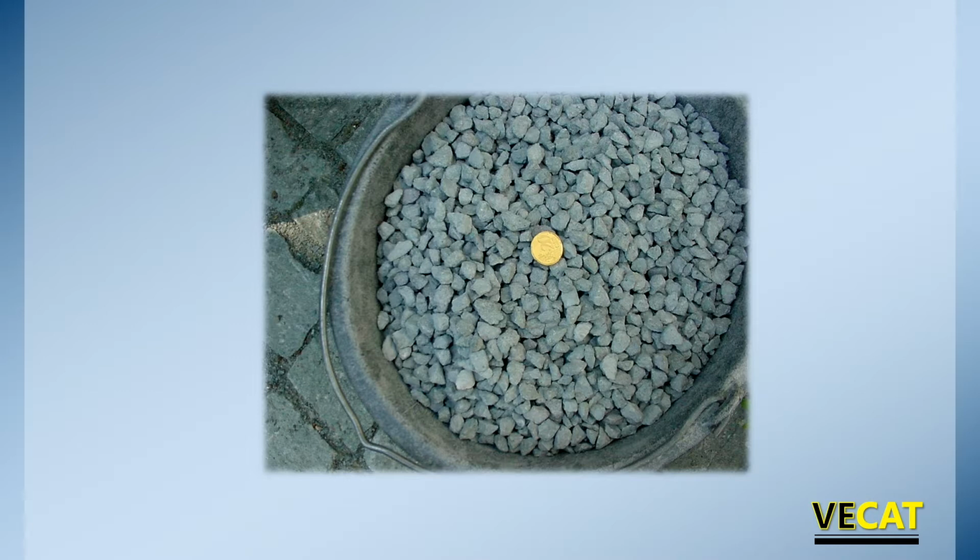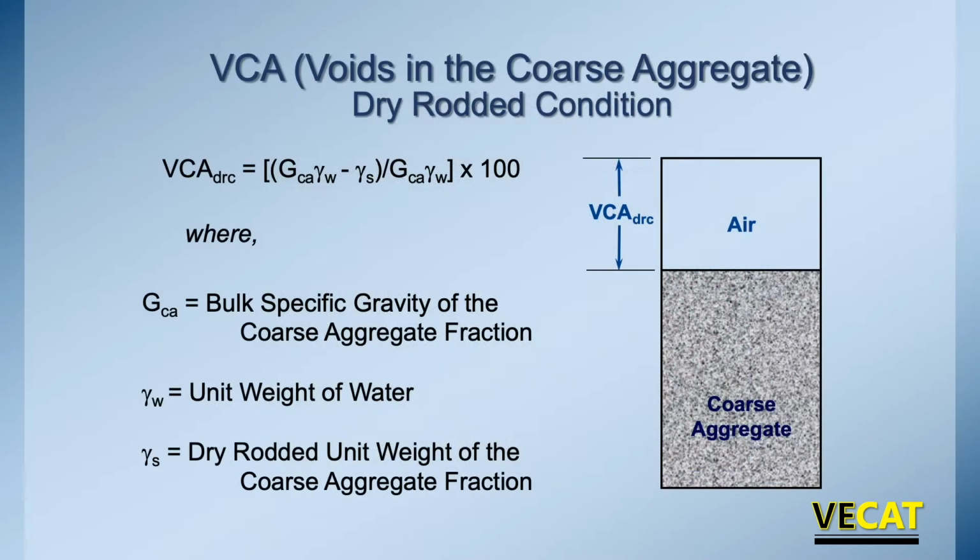a successful SMA. This slide here explains what the voids in coarse aggregate in the dry rodded condition represents in the picture on the right of the slide. So you got 2 factors. You got your coarse aggregate and you got your air. And that is the equation.